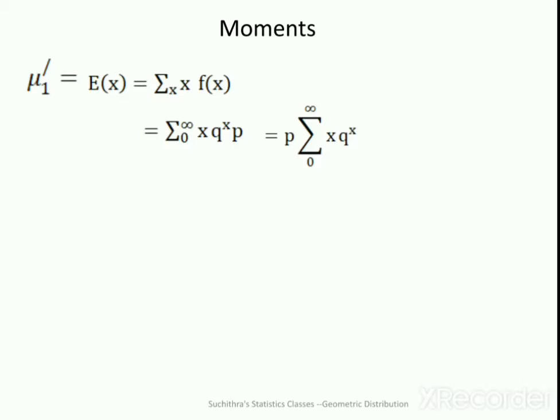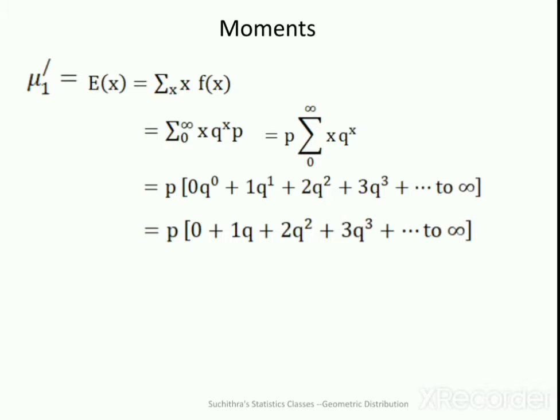Take p outside: p times the summation from 0 to infinity of x q raised to x. Putting the various values of x in the function, we get p times 0 into q raised to 0 plus 1 into q raised to 1 plus 2 into q squared plus 3 into q cubed and so on up to infinity, which is equal to p times 0 plus q plus 2q squared plus 3q cubed, etc.